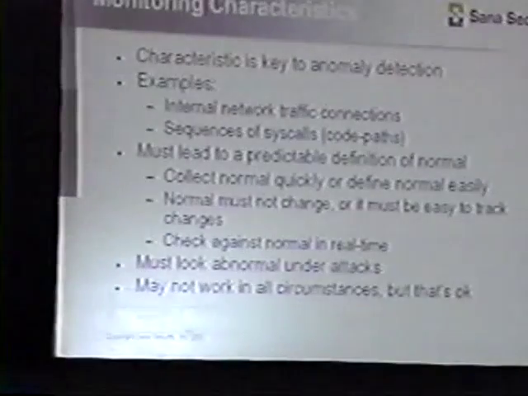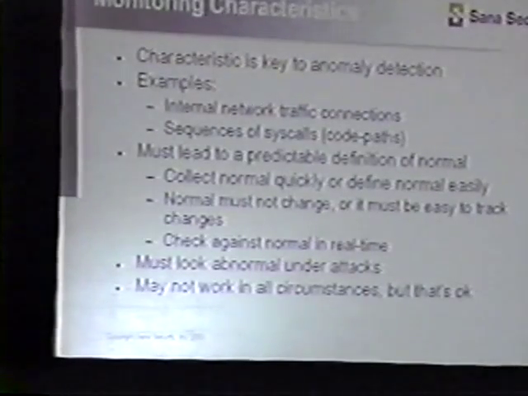First, the characteristic should give you a very stable, compact definition of normal, one that's easy to define manually or collect, and that shouldn't change a lot. It should be relatively static, or if it does change, you should have easy means of adapting. The other important thing is that this characteristic should be perturbed under abnormal behavior, so you should be able to detect attacks using it.